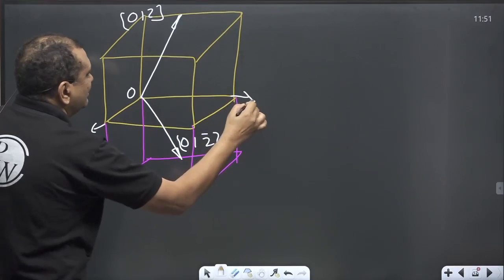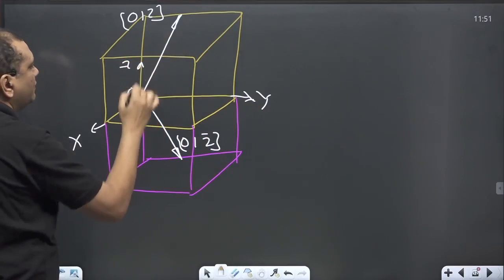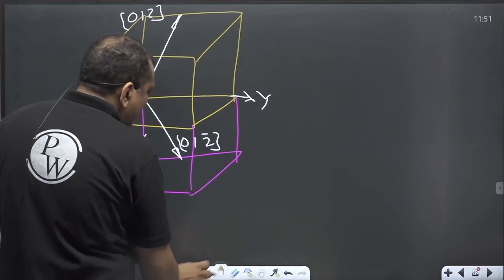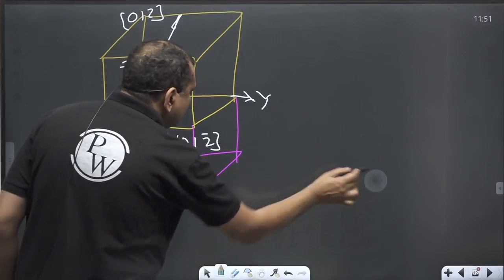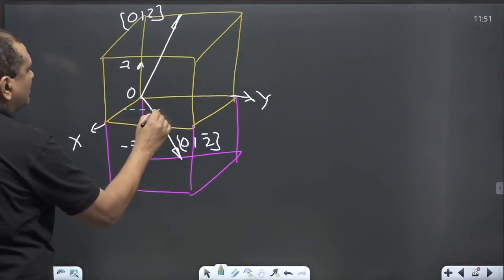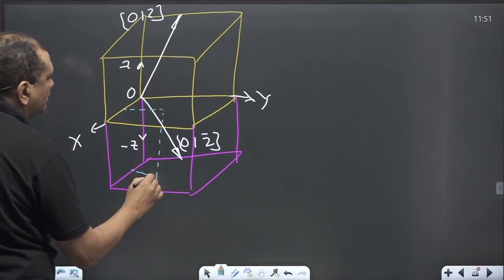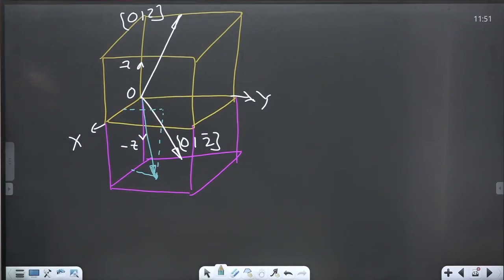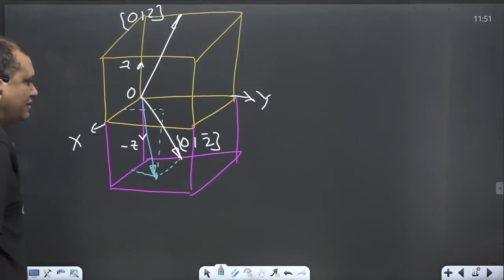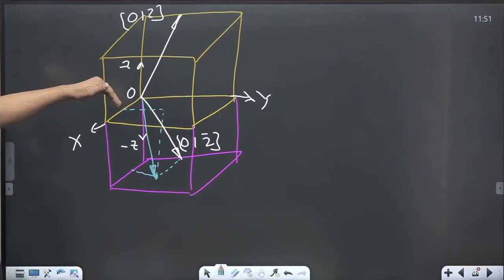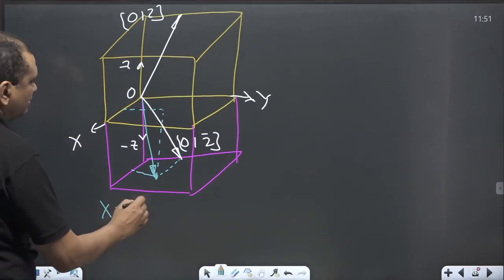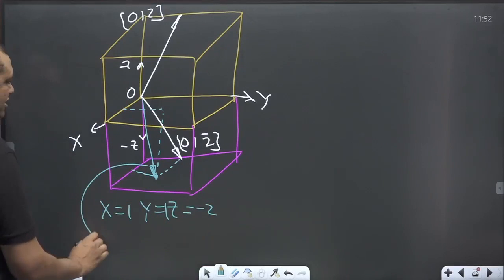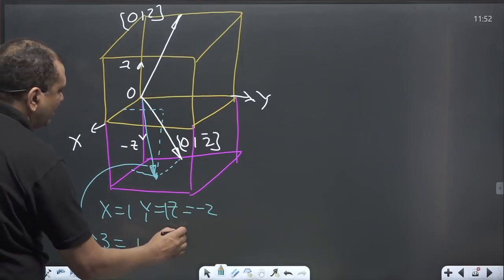X, Y, Z. This will be minus Z. But suppose the direction is this. Then in this, X will also come. X is equal to 1, Y is equal to 1, Z is equal to minus 2. So in this case, this direction 3 will be 1, 1, 2 bar.